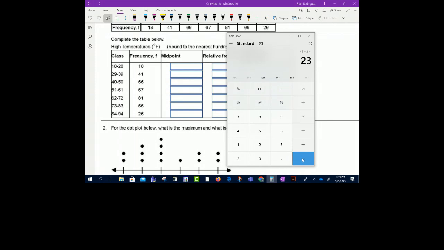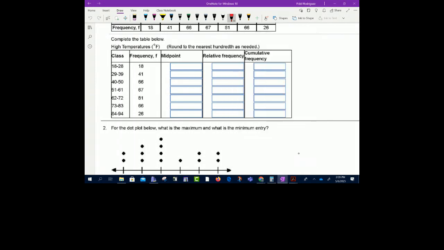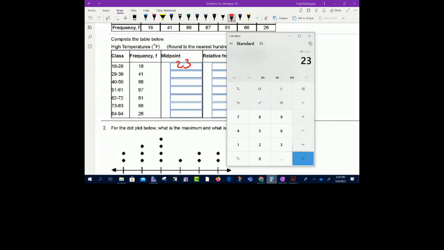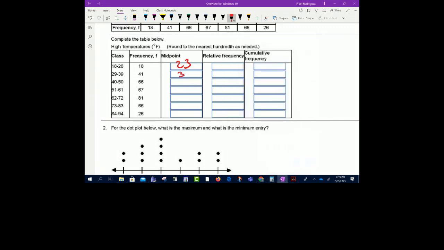Divide by 2? So 23, right? So right here, we're going to put 23. And then we could do the same thing for the next one. What's 29 plus 39? Let's divide that by 2. We get 34.